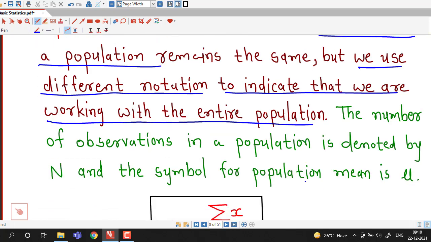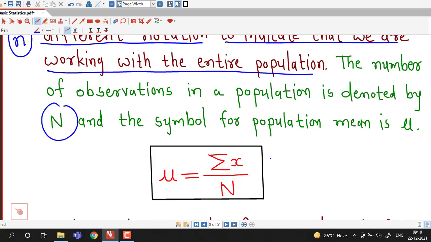The number of observations in a population is denoted by capital N. The number of observations in a sample we have denoted by small n. And the symbol for population mean is mu. So this is the definition for population mean: mu equals the sum of all observations divided by capital N.